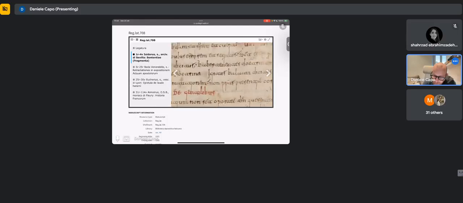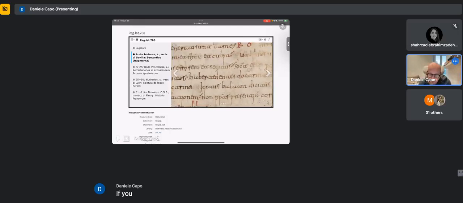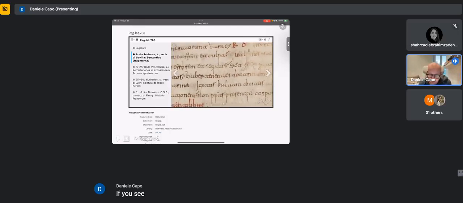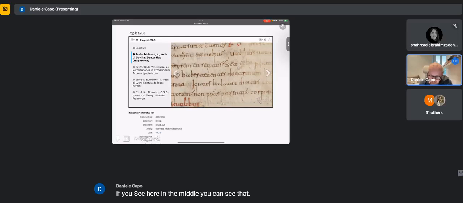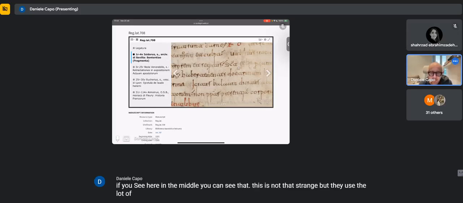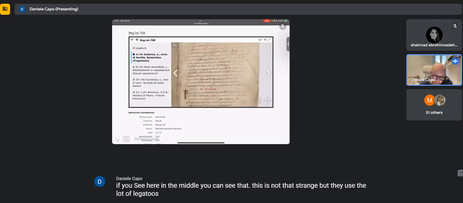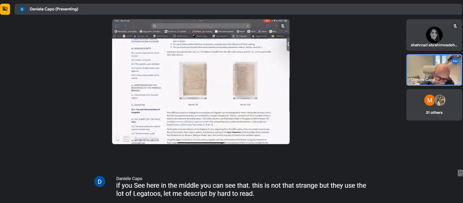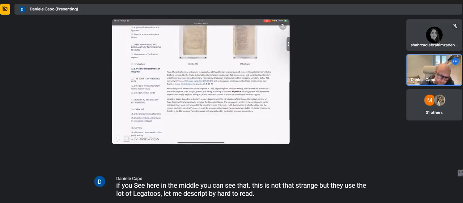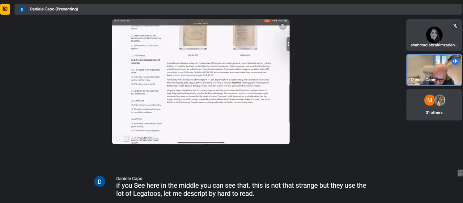If you see here in the middle, it's not that strange, but they used a lot of ligatures that make this script quite hard to read.